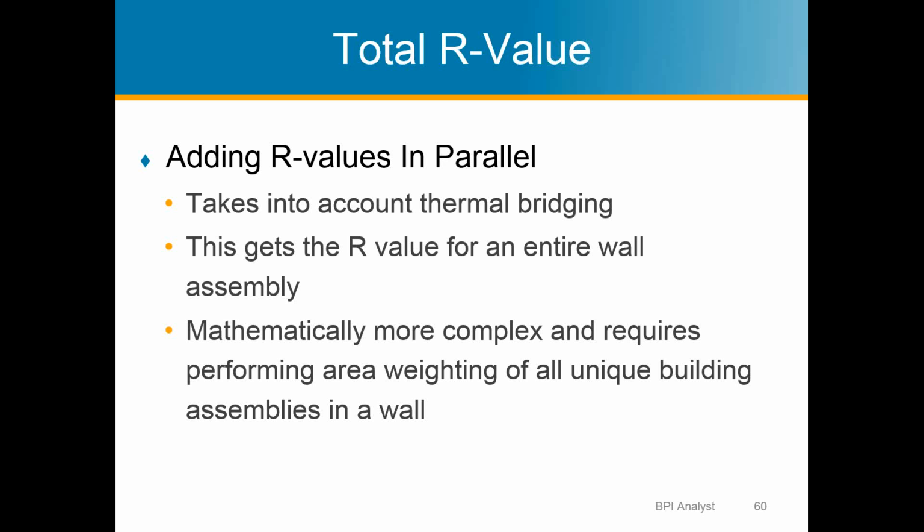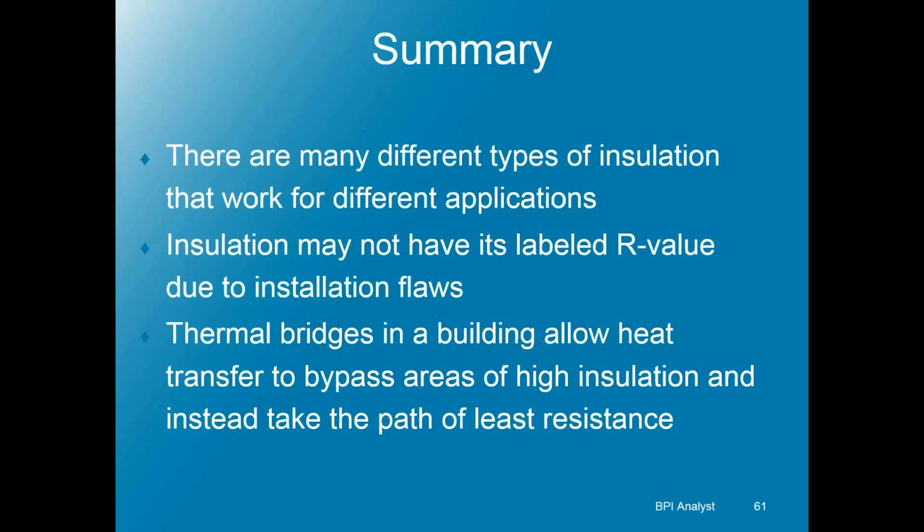When we talk about adding R values in parallel, that's just getting the average R value of the entire wall. It takes into account the thermal bridging through the stud, like I just talked about. It gives you the average R value of the entire wall. Mathematically, it's more complex, and we don't really need to do it here. Like I said, it's done for us in most software.